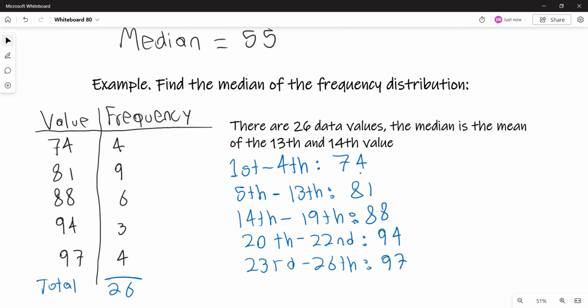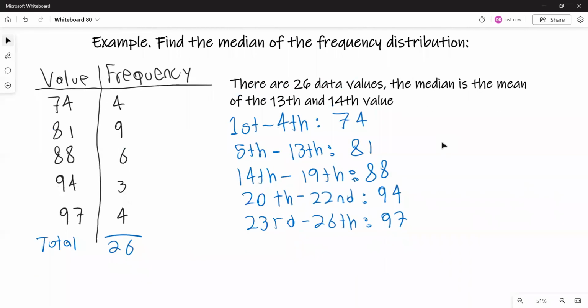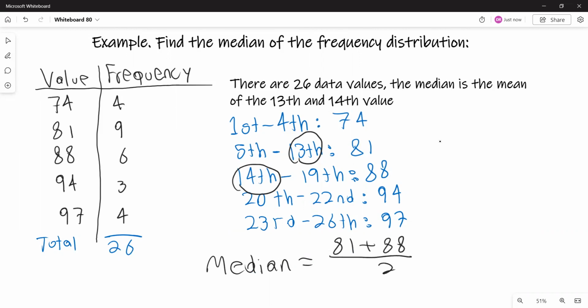Okay, so the median is the mean of the 13th and 14th values. The 13th value is 81, the 14th value is 88. So the median is going to be the mean of these two, which happens to be 84.5.